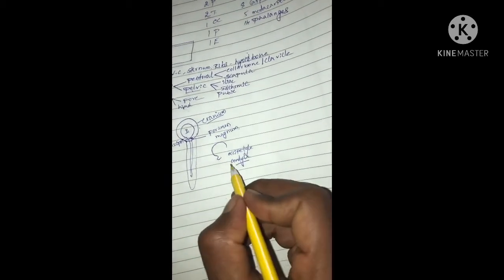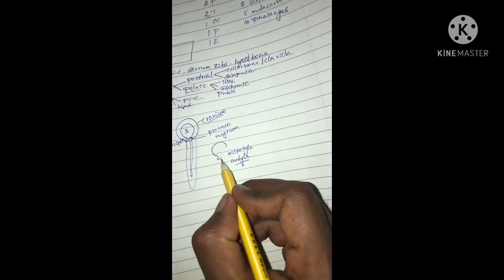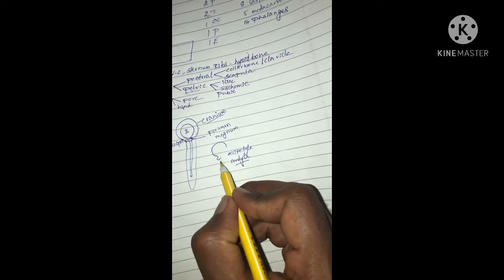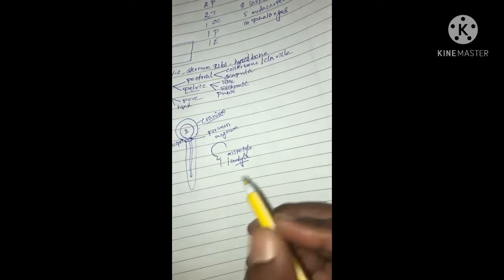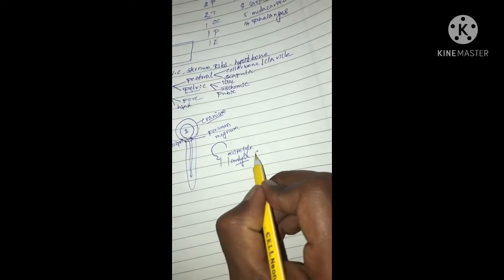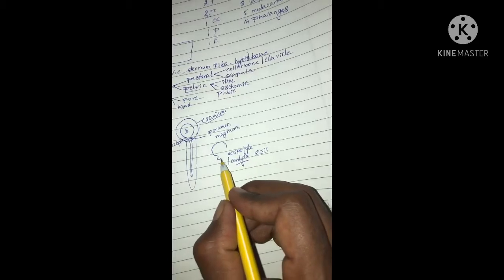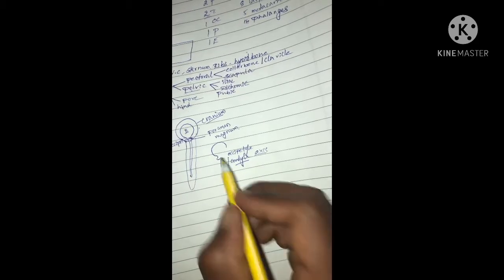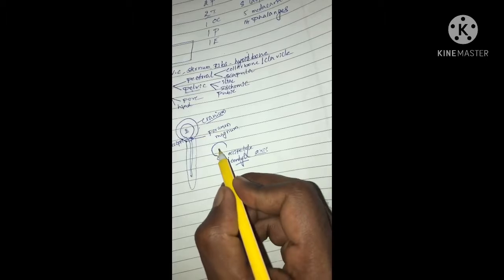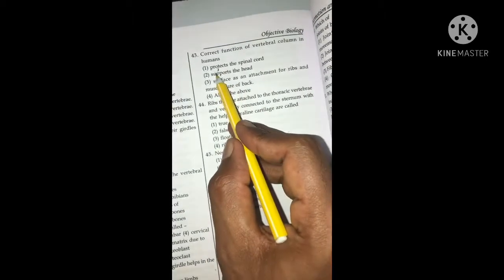This occipital condyle articulates with the first bone present in the vertebral column. What is the first bone? That is called the atlas bone, the first bone of the vertebral column present in the neck region. Hence, it supports the cranium. So the second option is also correct.